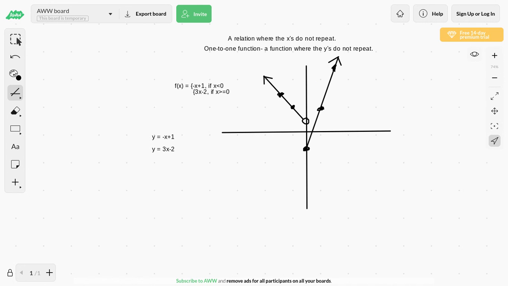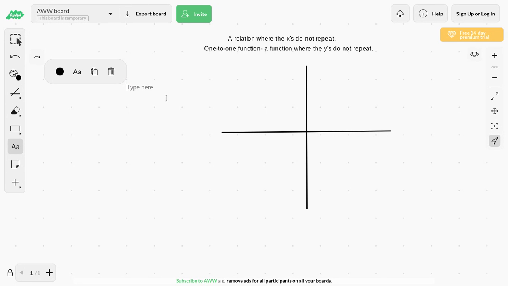So, makes sense. Let's just make this one last step harder, and then you'll be done, because I know this is painful, and you really don't like it. Okay, so I'm going to skip the f of x and the curly brackets. So negative 3x plus 4 if x is greater than or equal to 1, and 2x plus 1 if x is smaller than 1.